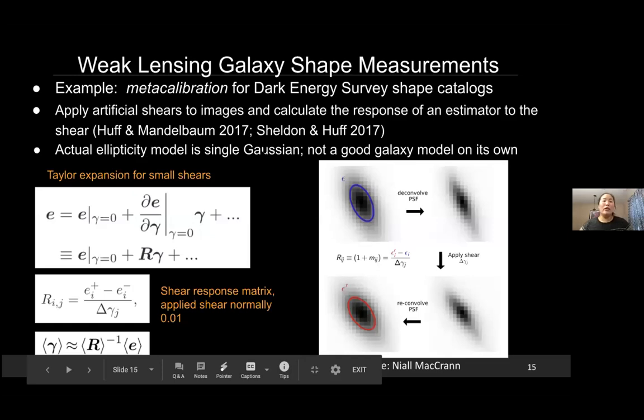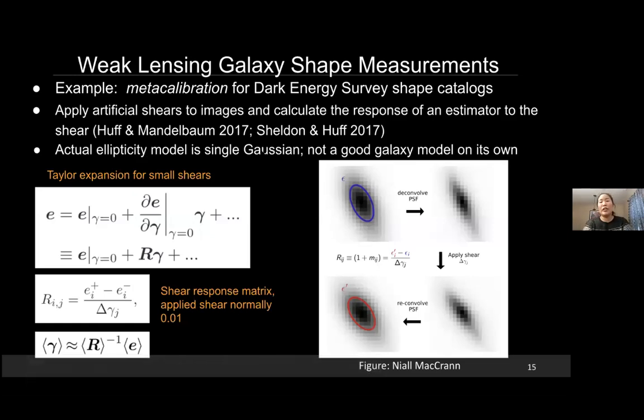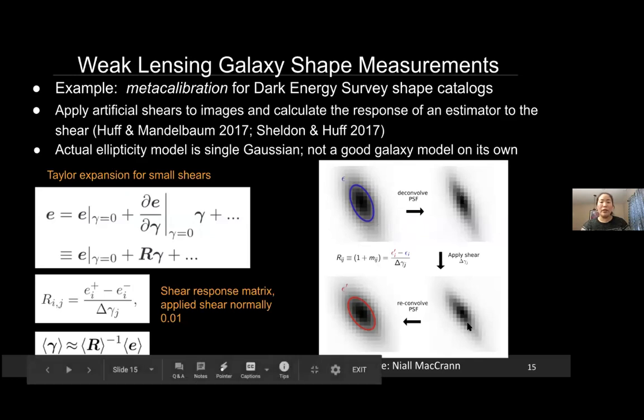And then to go a little bit into detail for what we use for the Dark Energy Survey, we use a model fitting method, but there's a calibration wrapped around it. And this overall approach is what we call metacalibration. The idea here is that we apply shears to the image, and maybe let's focus on this infographic on the lower right, made by Niall MacCrann.